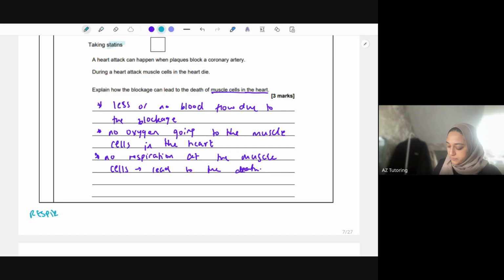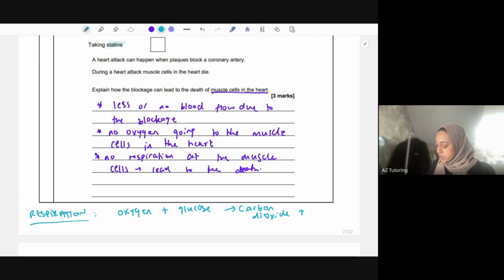Respiration is you breathe in oxygen, then that reacts with the glucose that you eat from your food. You then breathe out carbon dioxide, and we also release water. And the whole point of this process is to release energy.